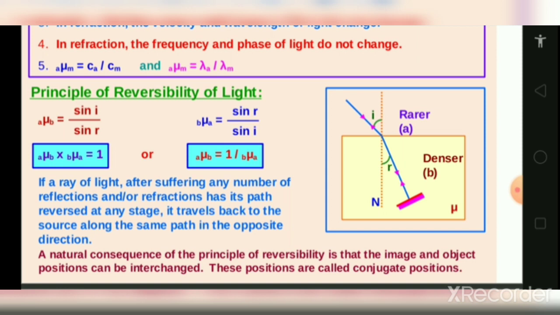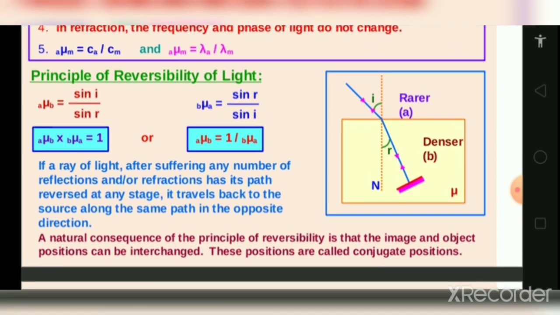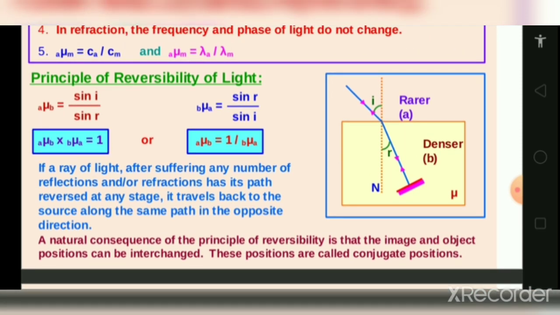For the two given media, theta 1 is the angle of incidence and theta 2 is the angle of refraction; the ratio of sine i upon sine r, or sine theta 1 upon sine theta 2, is constant. The ratio is called the refractive index, or just index.